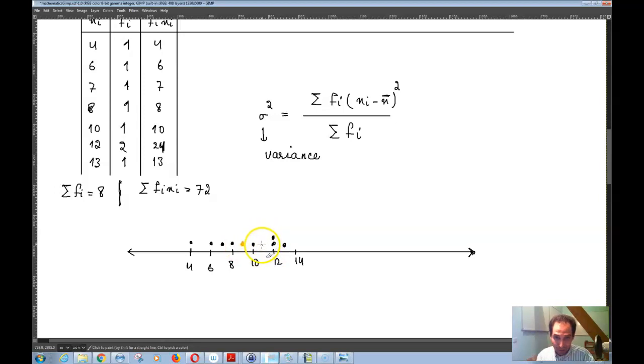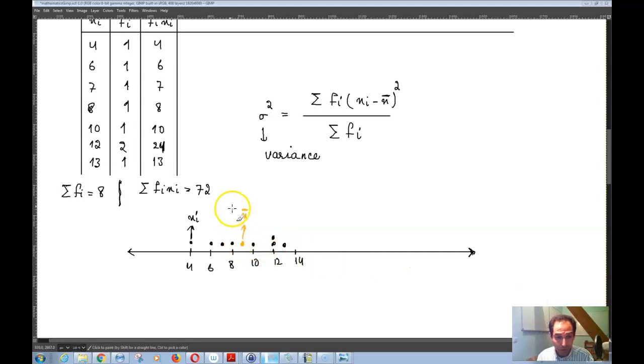So now, in order to get a feel for how scattered your data is, these are your x sub i's, and this number over here is x bar, the mean of all of these observations.